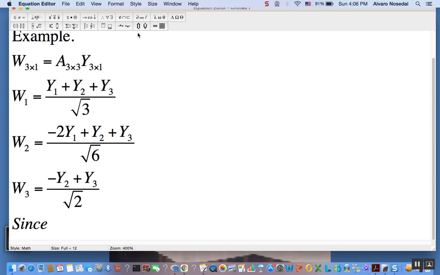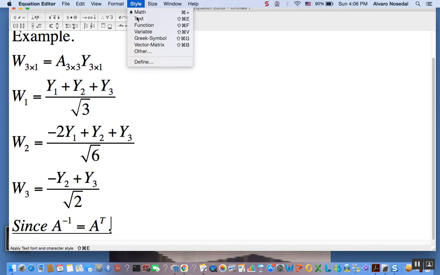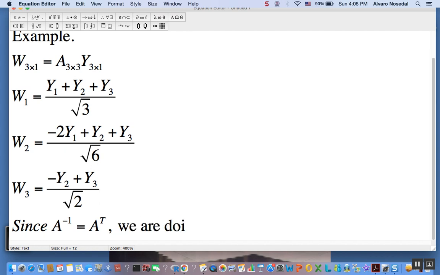Since A inverse equals A transpose, we are done.